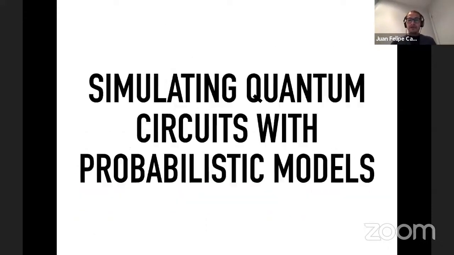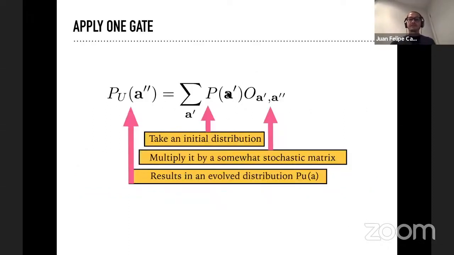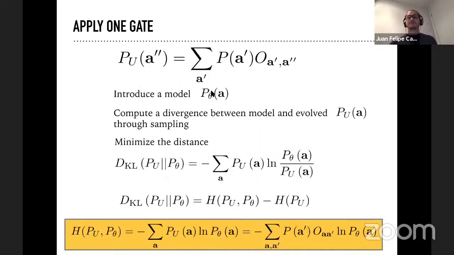So how can we simulate quantum circuits with these models? We have this initial distribution upon which we want to apply this matrix O to get the probability of this rotated distribution PU. So how to do it? That's the question. The idea is we introduce a model P theta that is going to parameterize the outcome distribution PU. And what we do is the simplest thing we tried.